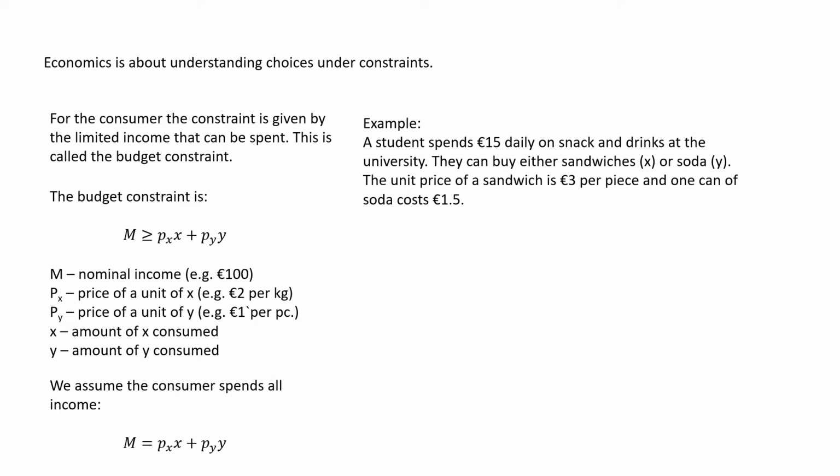Using this information, we can formulate the budget constraint as 15 equals 3 times X plus 1.5 Y. That is, on the left-hand side, we have the maximum amount which can be spent, and on the right-hand side, we have the value of a certain chosen consumer basket.